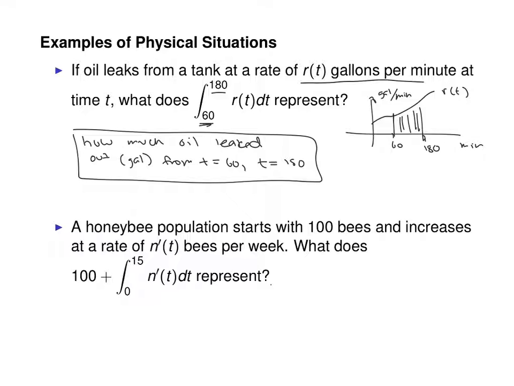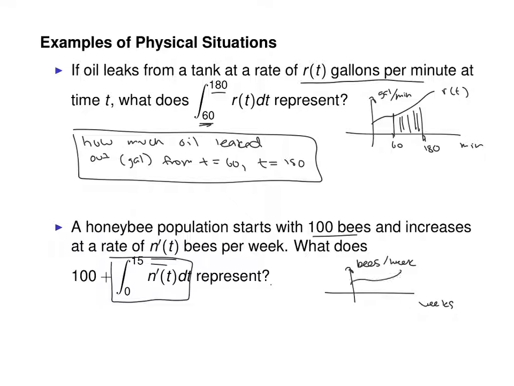Okay. So a honeybee population begins with 100 bees, and it increases at this rate, so that many bees per week. And that rate accounts for the fact that some bees die and some bees are born, or hatch, however bees are born. Think about the units. This unit would be weeks. This would be bees per week.